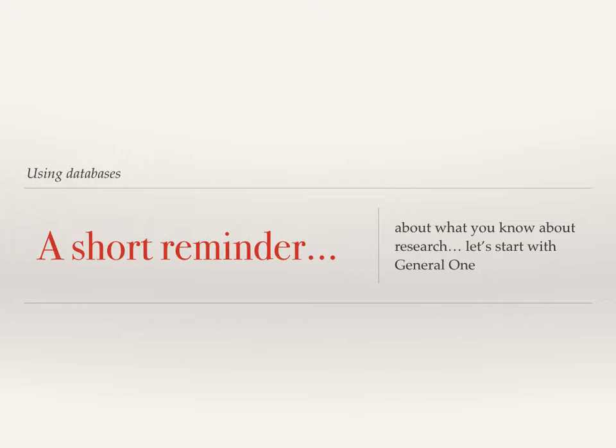The second database, which will be in the second part of this presentation, is ProQuest, which is available through Northwoods Library and, well, I love General One, so I was going to tell you it was equally good, but I can't do that. But let's get started on General One.